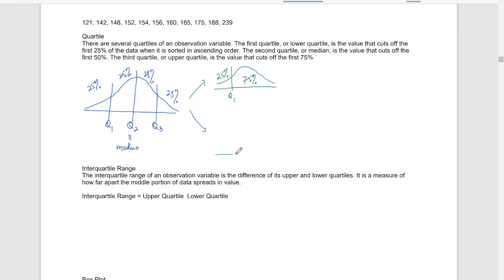But for the Q3 it will be reverse. So Q3 dia macam ni. Sebab Q3 dia ada berita sebelah kanan, so it will be somewhere here. So this is Q3, which means that right now 75% of your data is less than Q3 and 25% of your data is greater than Q3.